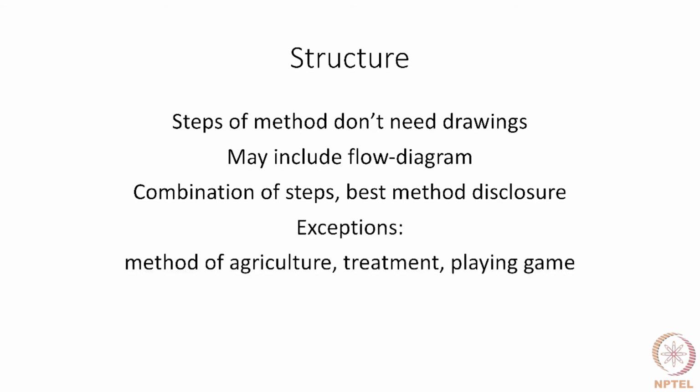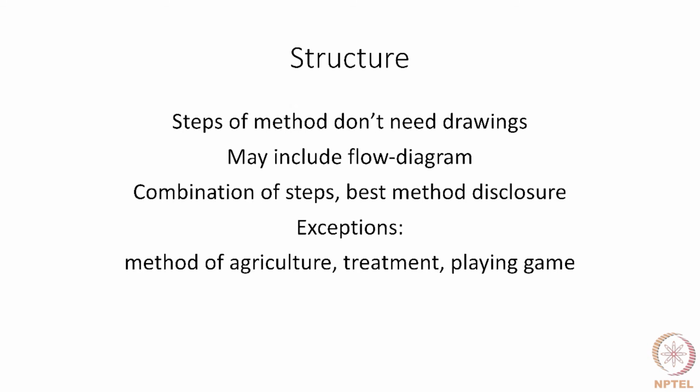There are exceptions to what kind of method claims that you can have. You cannot claim a method of agriculture. There's a bar under the Act, a method of treatment, a method of playing a game. Barring these exceptions, you could claim a method claim for anything for which you could claim an apparatus.